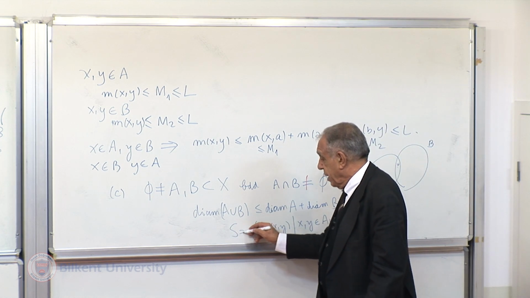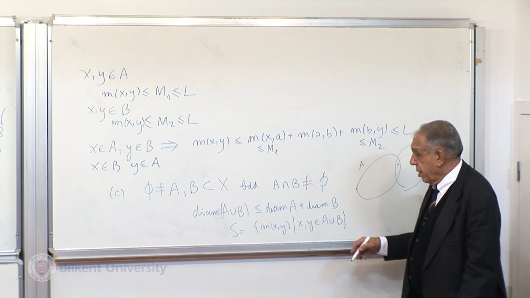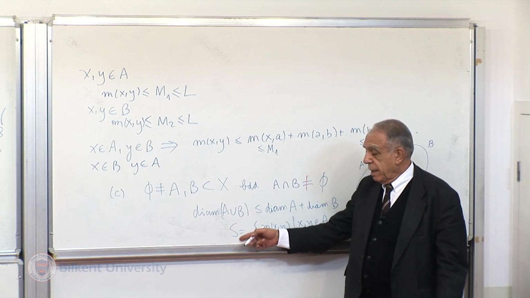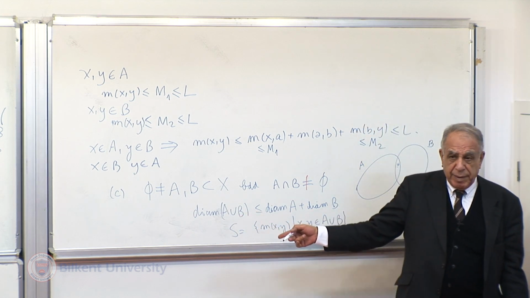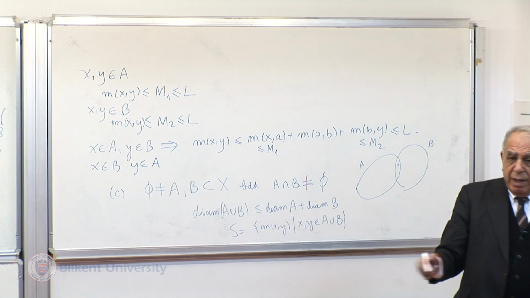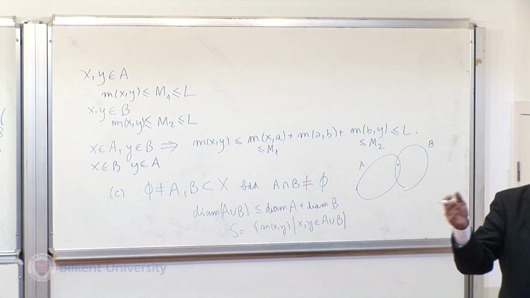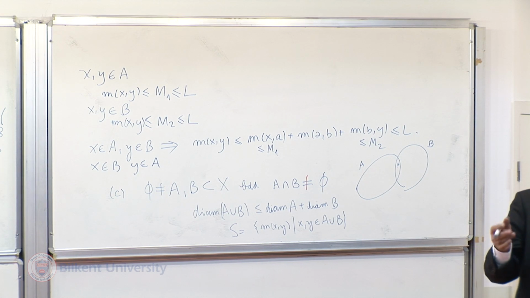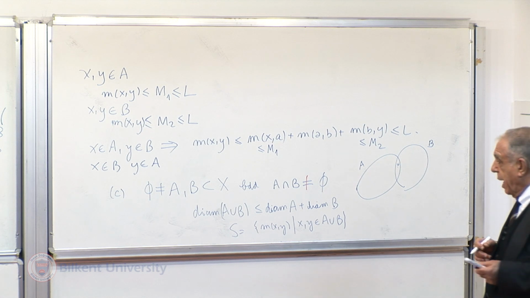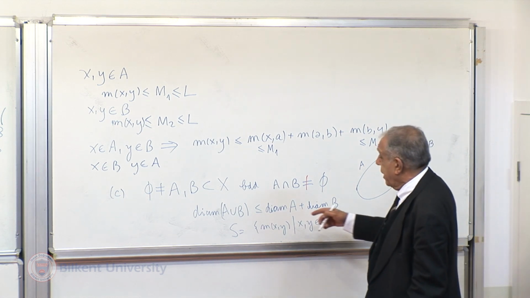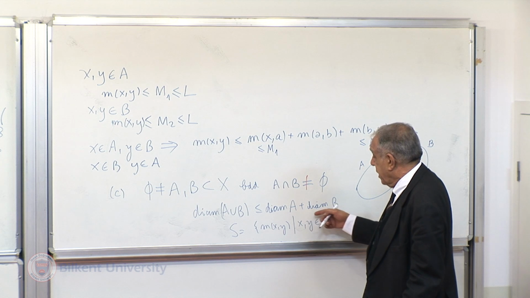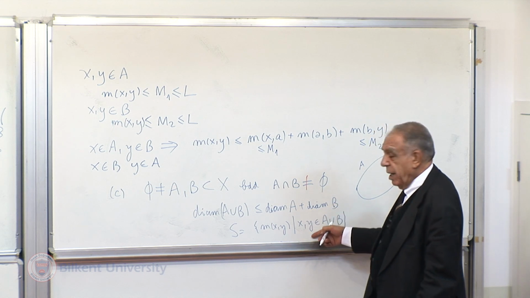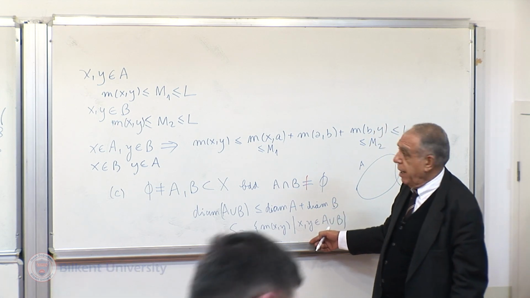Refer to this set as S, because the diameter of A union B is the supremum of this set. Well, if any number is another upper bound of that set, then the supremum, being the least upper bound, will be less than or equal to that. Okay, then let us show that diameter A plus diameter B is an upper bound of this set.